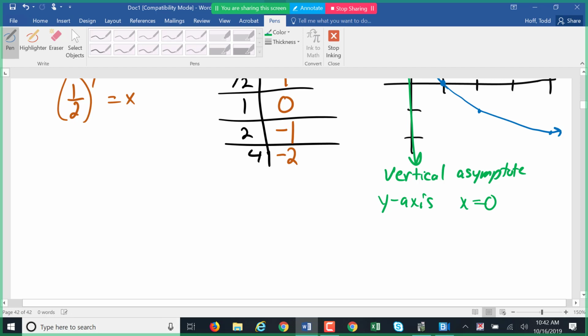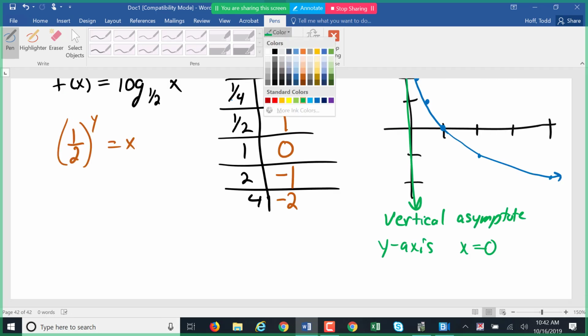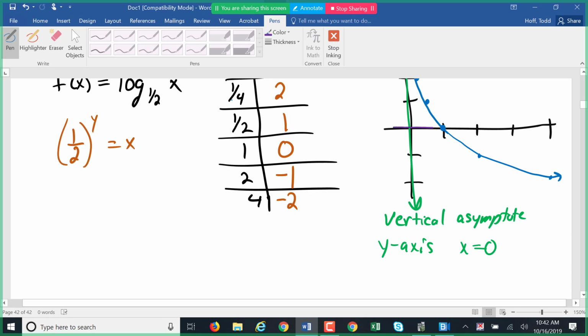And now our crossing point, or one of our constant points, is on the x-axis. It crosses the x-axis at 1. So as we multiply or divide it, it's going to move that starting point.